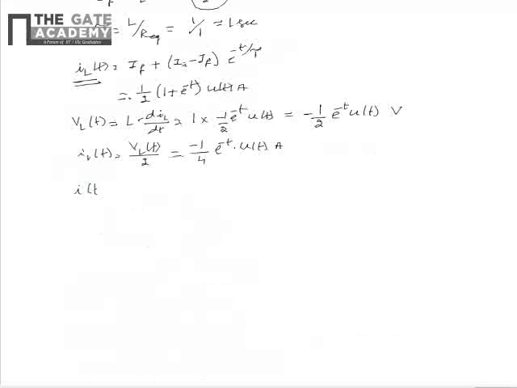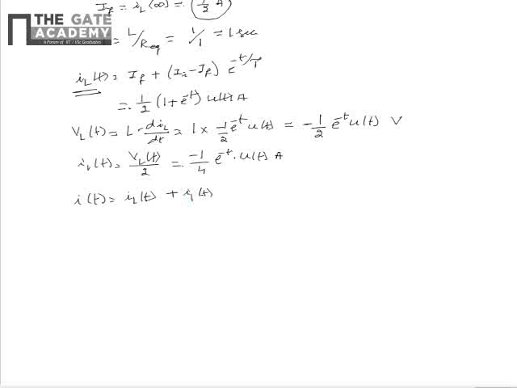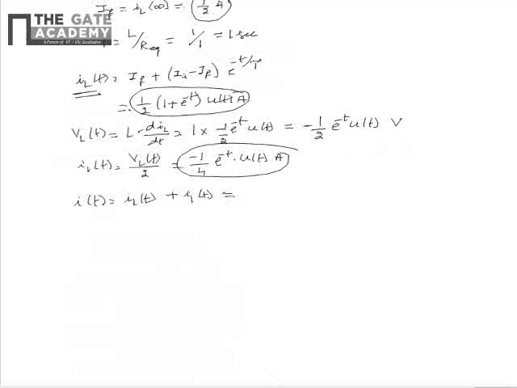So from this we see that I of t can be written as IL of t, that is the current through that 1 Henry inductor, plus I1 of t, that is the current through the marked 2 ohm resistor. Upon substituting IL of t and I1 of t that we got, this is equal to 1 by 2 plus 1 by 4 e power minus t u of t amperes.